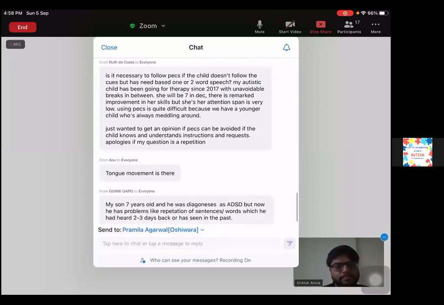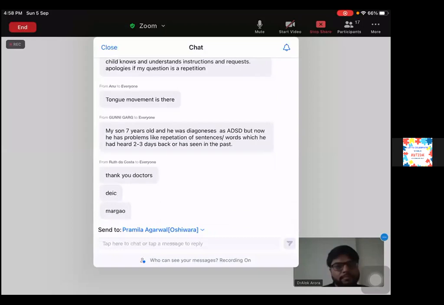From Guni: my son is 7 years old and was diagnosed with ADHD, but now he has problems like repetition of sentences and words which he heard 2 to 3 days back, or has seen in the past.